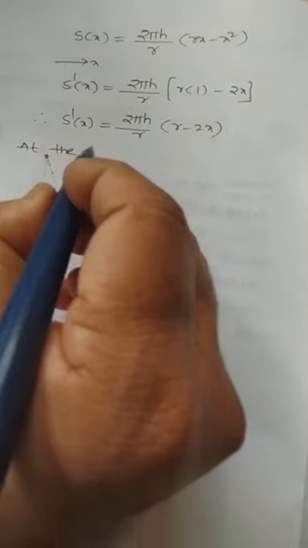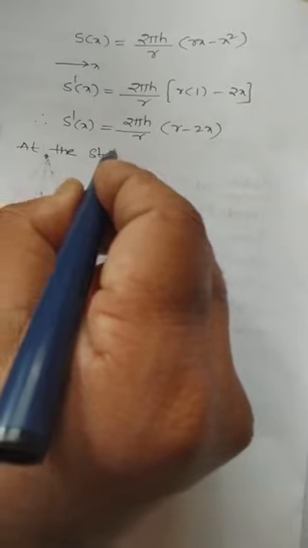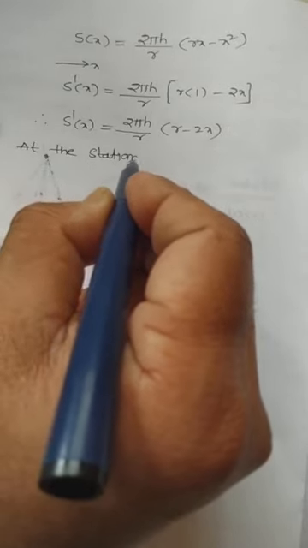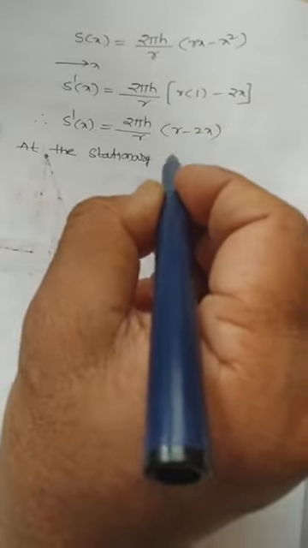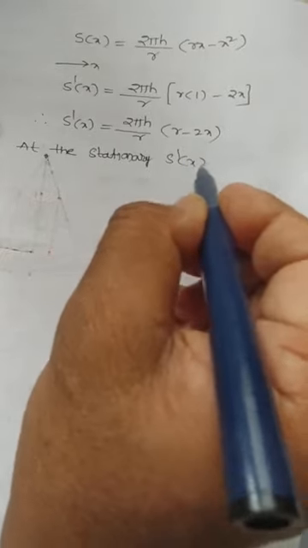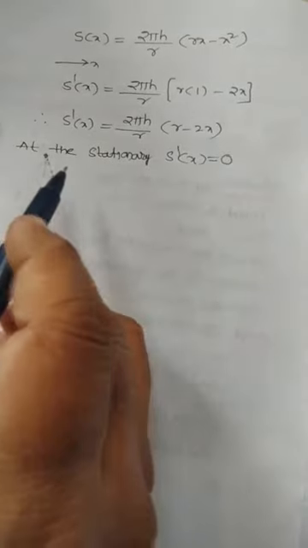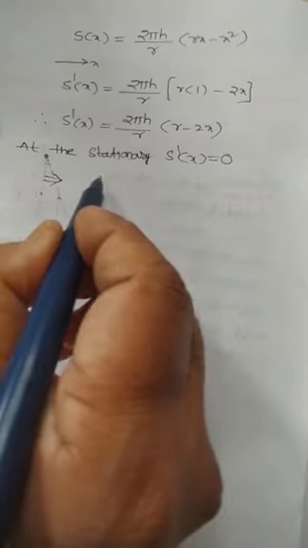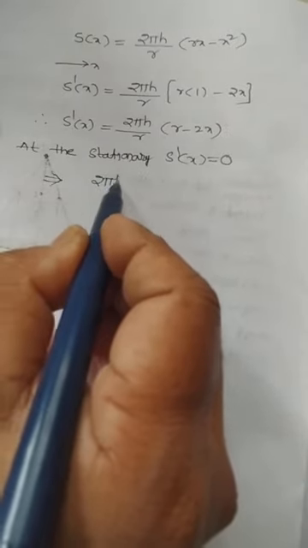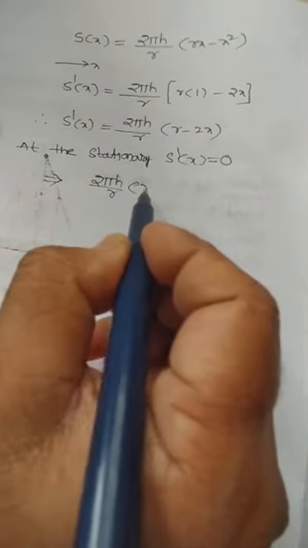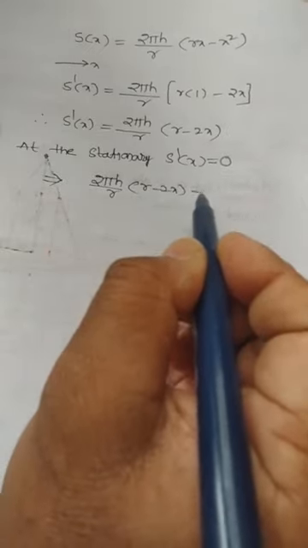Now at the stationary point, s dash of x must be 0. So that implies 2 pi h by r into (r minus 2x) is equal to 0 here.